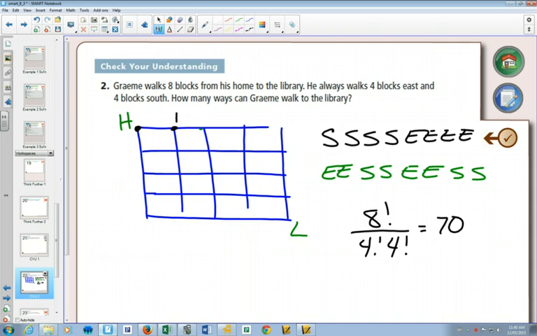How many ways to get to this one? One. Okay? How many ways to get to this one? How many paths? Okay? It's 2 blocks, but how many pathways? 1. There's no other way to walk from here to here. Even though it's 2 blocks, it's only one way.